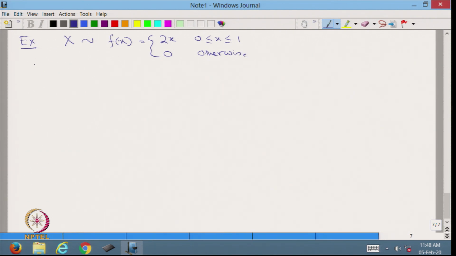Therefore, we need to obtain the PDF of y is equal to 3x plus 1.